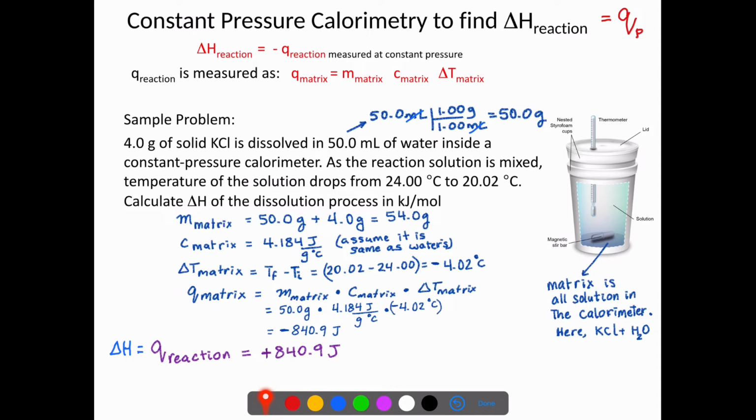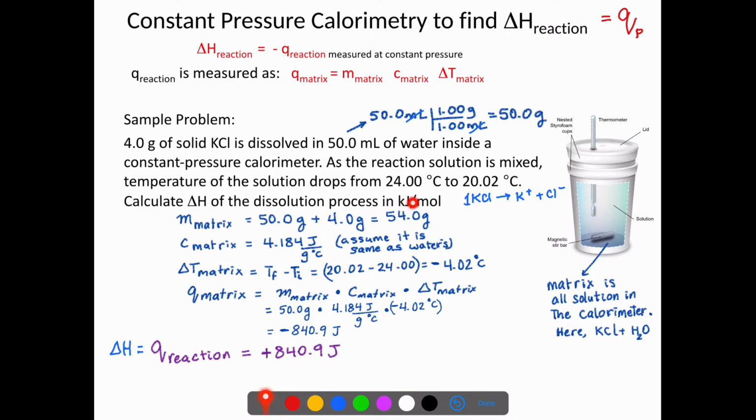We are not done yet because we are asked to calculate the delta H of this dissolution process in kilojoules per mole, meaning per mole of the reaction. The reaction is KCl dissolving in water, which is KCl going to K plus, potassium ion, and chloride ion. So per mole of reaction means nothing but per mole of KCl.